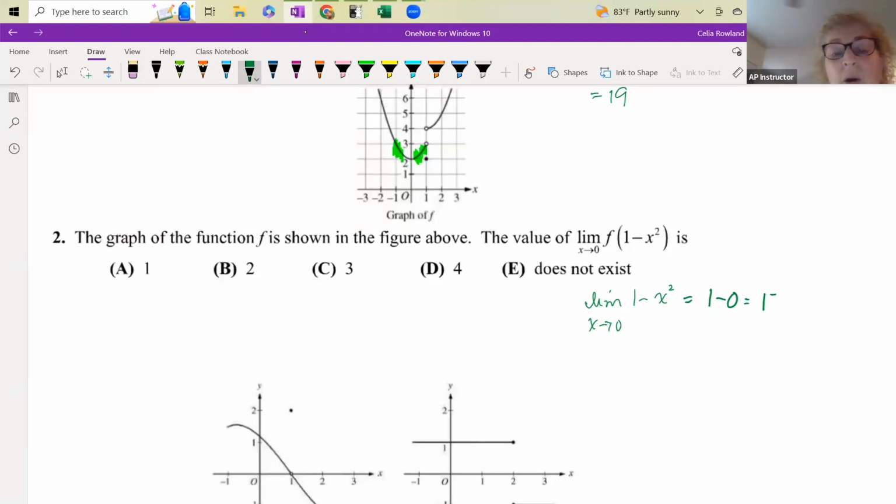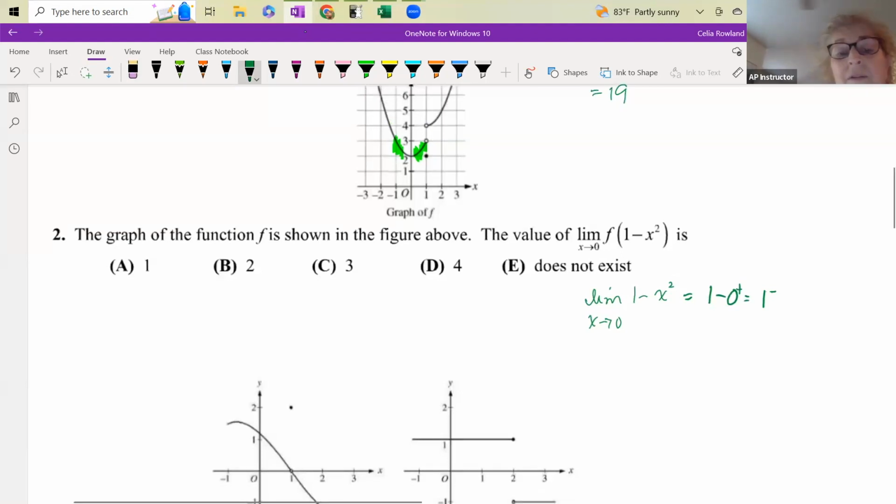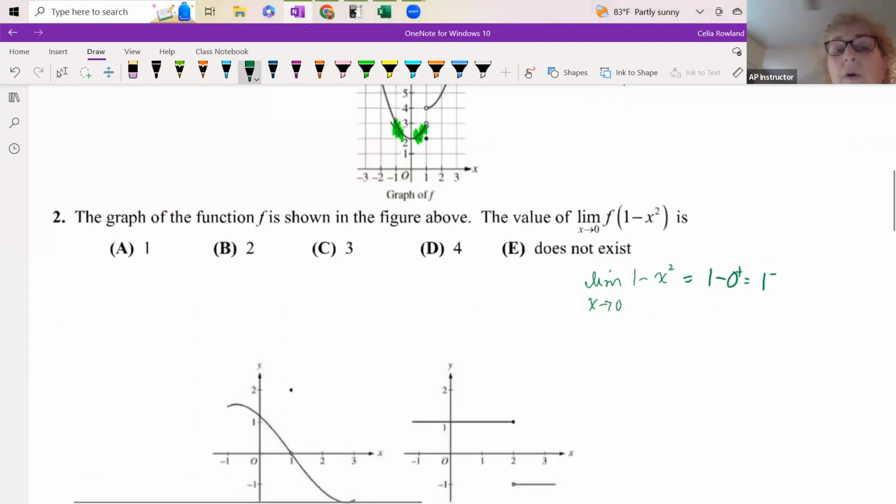So this is 0, but 0 from above. So we're approaching 0 from above the point. So I'm going to write 0 with a plus as a superscript. And that means my answer is going to be 1 with a negative, because I'm subtracting numbers going into that.